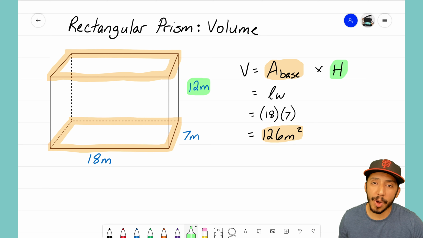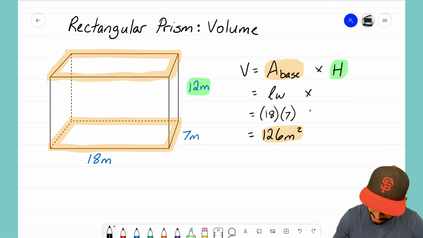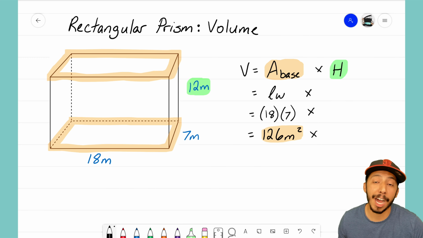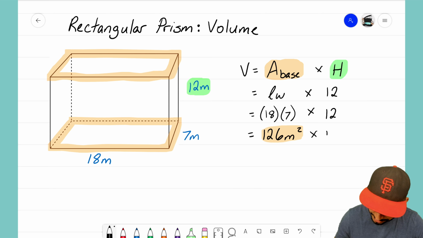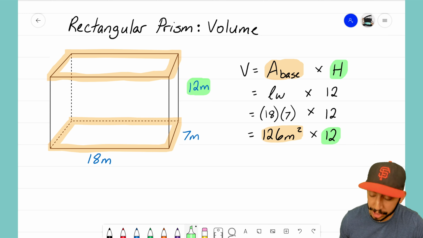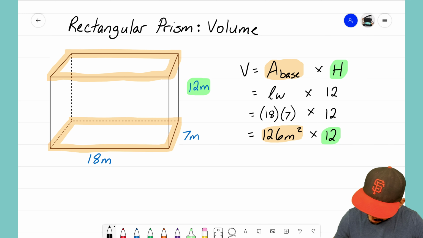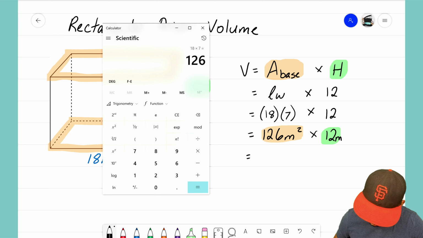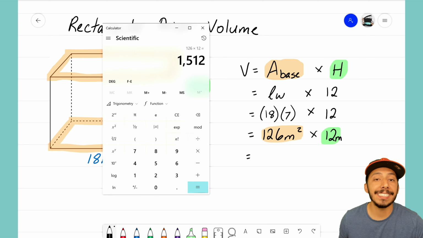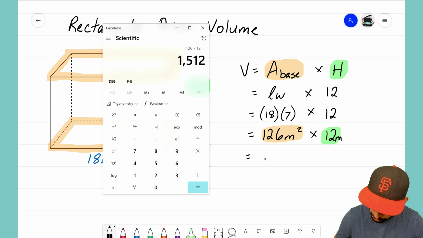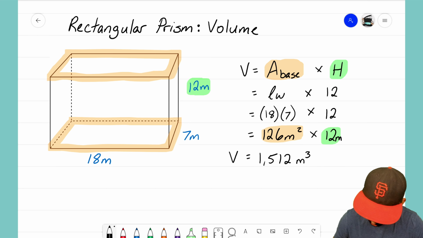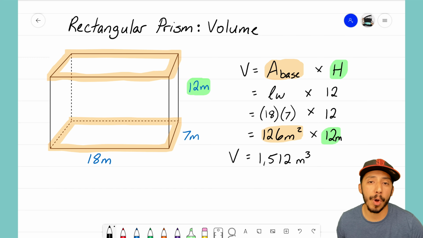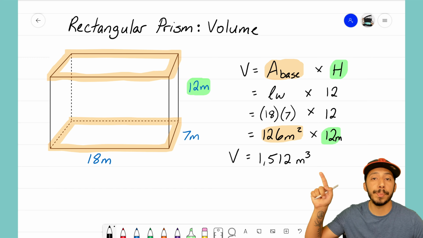So to finish out my volume formula, all I have to do is take that area of 126 square meters and multiply it by the height of this prism, which is 12 meters. So I take the 12 meters, I multiply it by 126, and I see that the volume for this rectangular prism is 1,512 meters cubed.